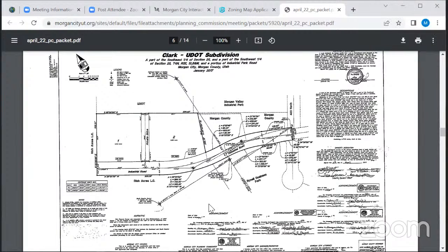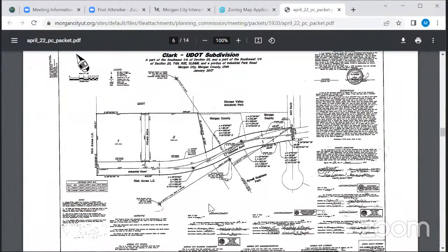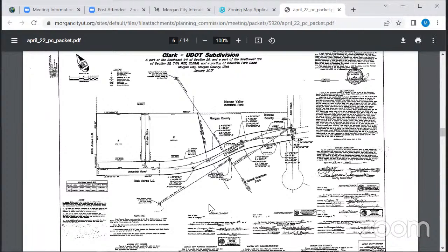So to me, that's addressed when you actually build something. At this point, again, we're looking at amending the subdivision to add this acre to it. So I think the engineer is addressing it beforehand, saying, hey, you need to be aware of this. It's in the flood zone. That limits what you're going to be able to build there, right?